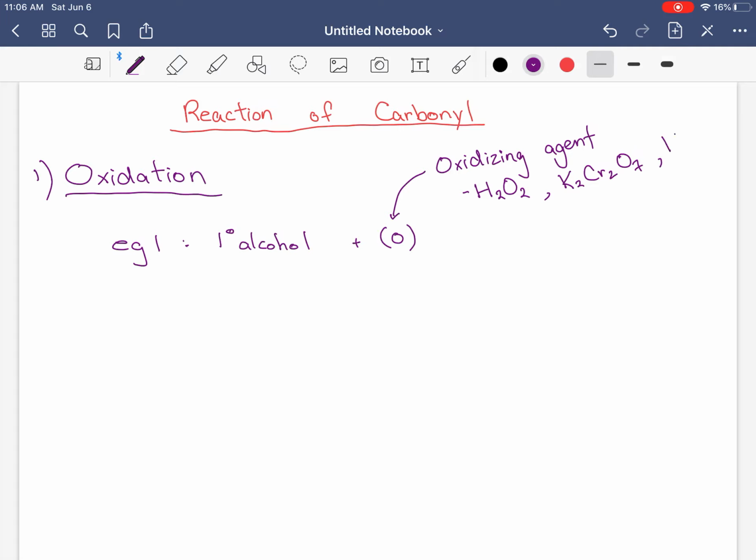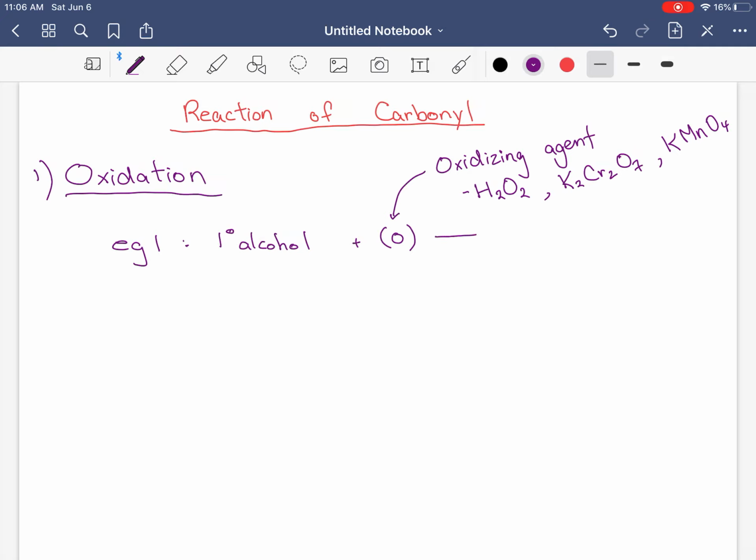And we have potassium permanganate. These are all popular oxidizing agents that you'll see, quite accessible in most laboratories. Even ours, we have lots of potassium permanganate. We have lots of hydrogen peroxide. Potassium dichromate, not so much.